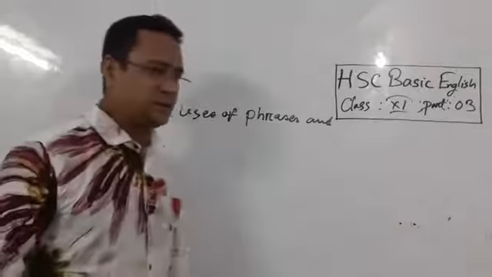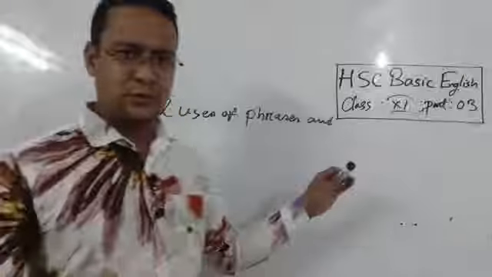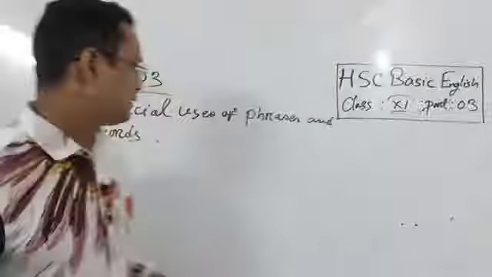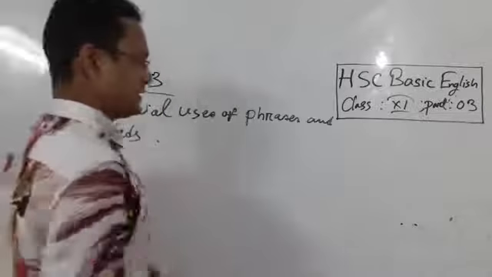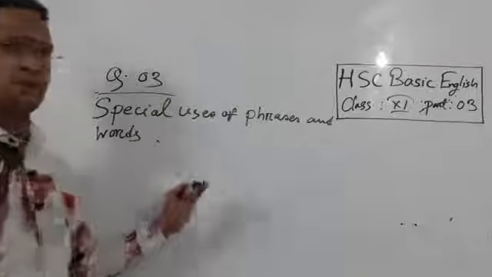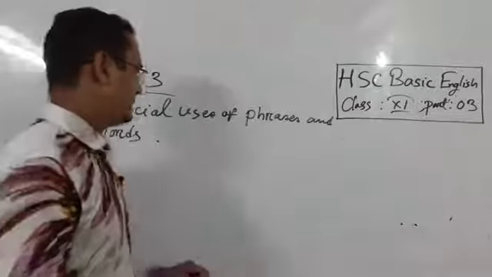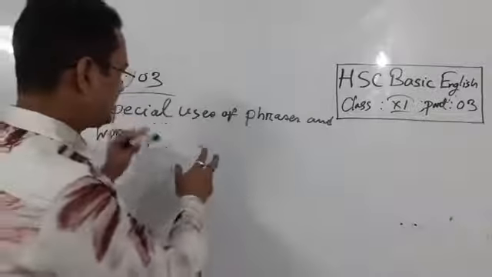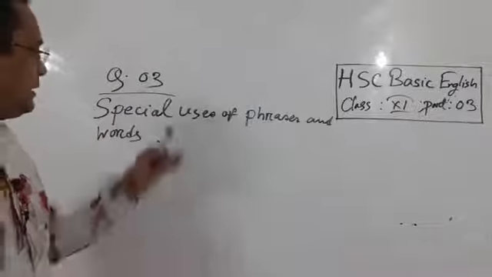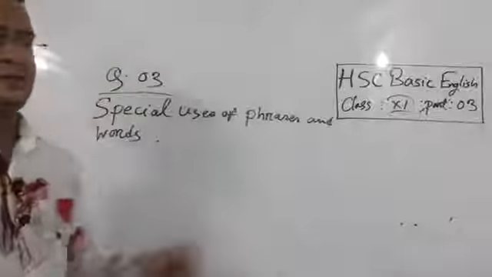It is like a cloze test with clues. In a cloze test with clues, we find a box with a few words in it. That means 8 or 10 or 12 selected words in a box. Then they will give passages, and we select the words from the box and put them into the passages.